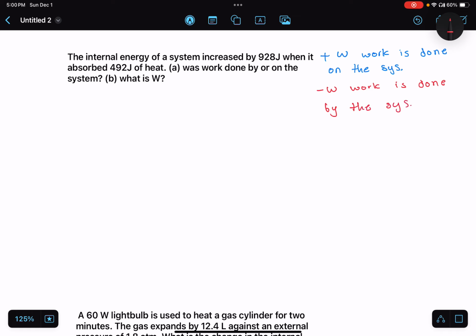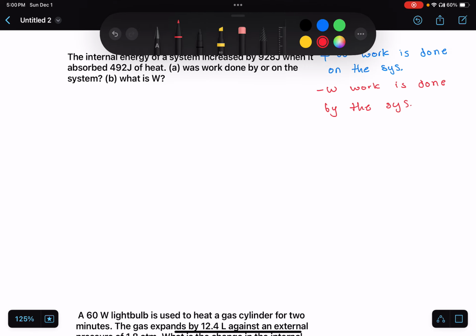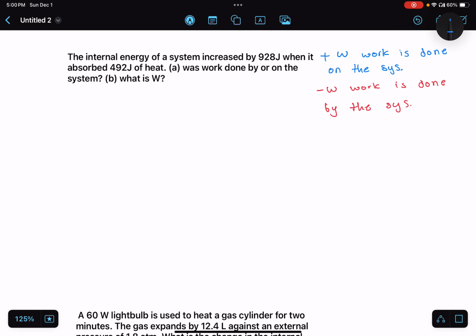Okay. So if we work out question B, then we'll be able to work out question A, if that makes sense. It'll tell us if it's positive or negative.